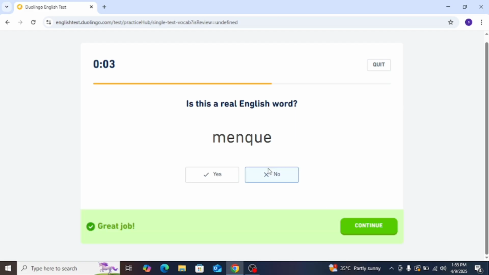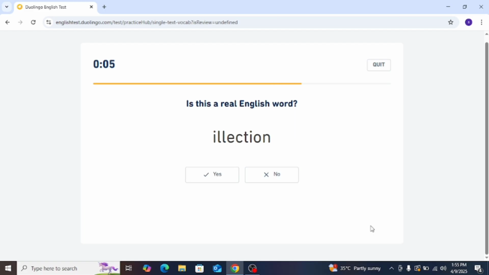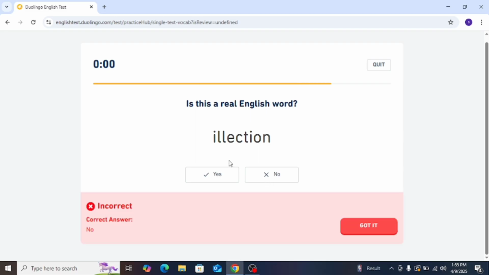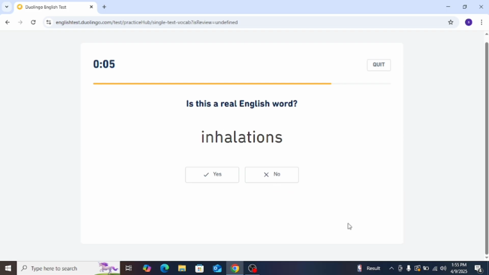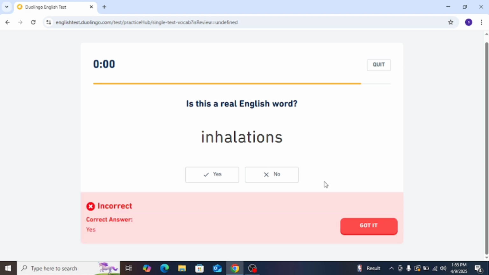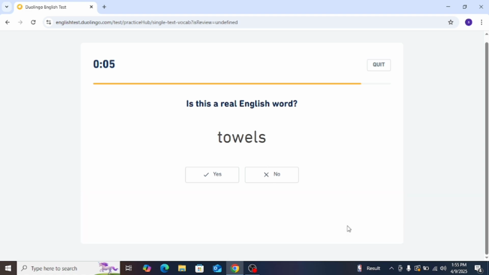Thank you, no. Election, no, because election is a right word and has meaning in English, but the spelling is incorrect here. That is why this is not a real English word. Inhalitation, no. Towels, yes.